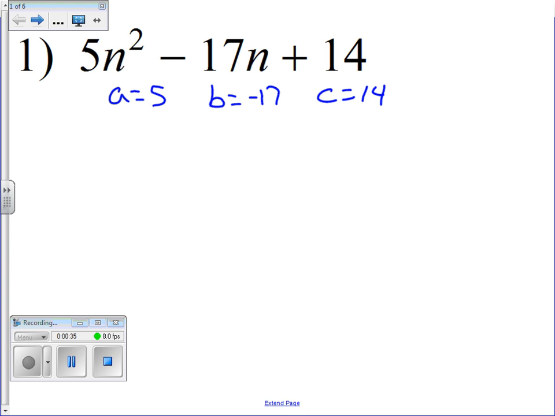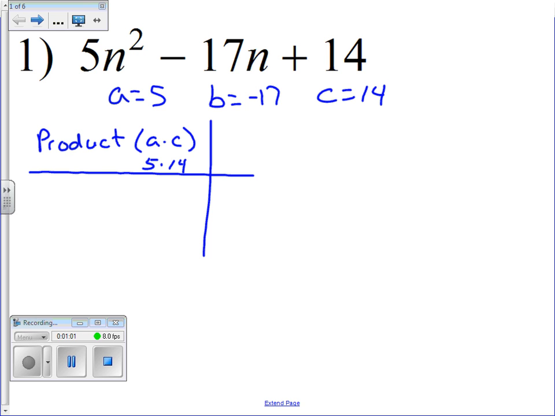So when I go to do product, this time I want it to be A and C. It actually was A and C before, but since A was always 1, 1 times C left you with just C. So if I multiply A times C, I get 5 times 14. So I'm looking for something that's going to give me a positive 70 when I multiply.